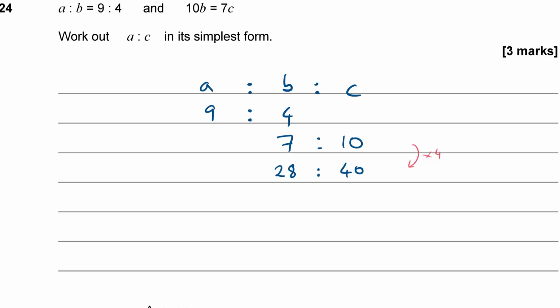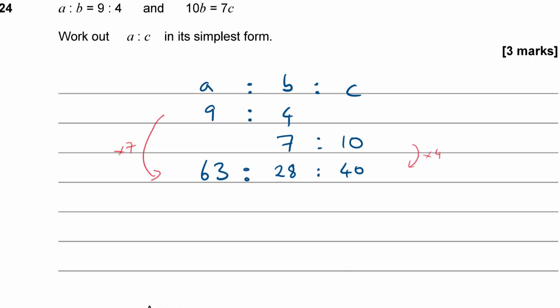Now let's have a look at the other side. If I've got a ratio of A to B of 9 to 4 and I scale that up so that B is now 28, I would have times it by a factor of 7. So if I'm timesing B by 7, I have to times A by 7, and 7 9s are 63.